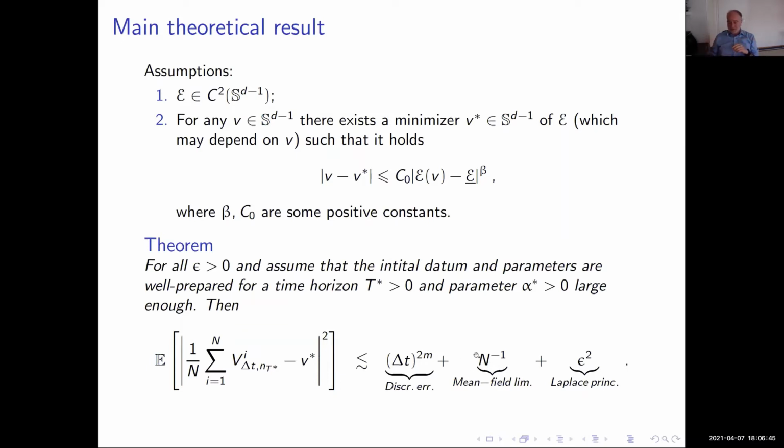A dependency on the dimension may appear in the constants, and I will comment about that in a second. And then there is this epsilon that we introduce here that depends on the Laplace principle. I will explain this Laplace principle issue later, when the proof comes into the game, and I can explain it more clearly.